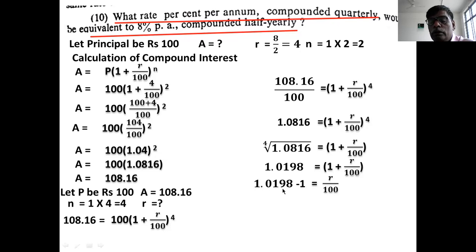If you deduct it, your answer is 0.0198. Into 100, you take this 100 this side. 0.0198 into 100 is equal to R. Therefore, R is equal to 1.98.